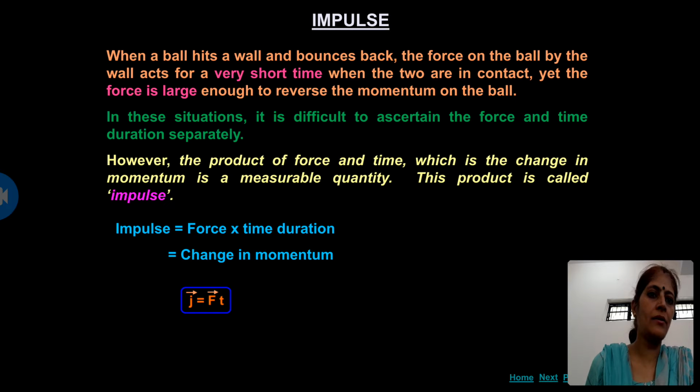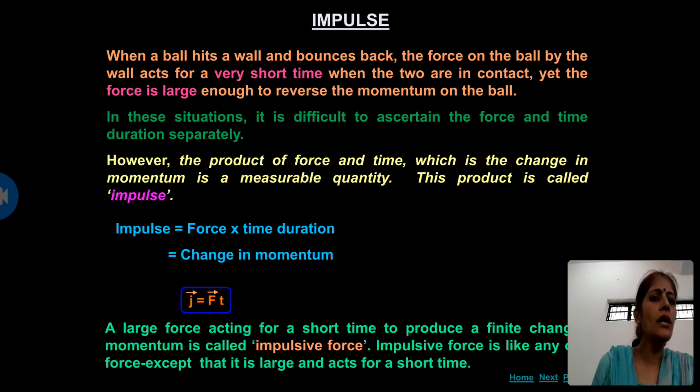The symbol J is used for impulse. It is a vector quantity, therefore J vector is equal to F vector multiplied by the time t. A large force acting for a short time to produce a finite change in momentum is called impulsive force. Impulsive force is like any other force except that it is large and acts for a short time.